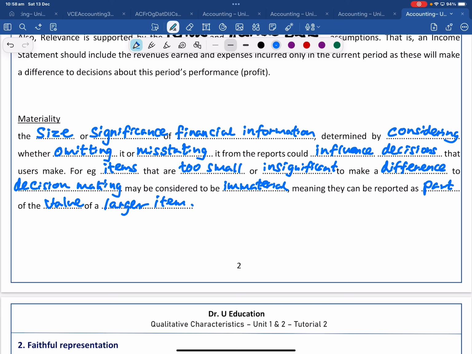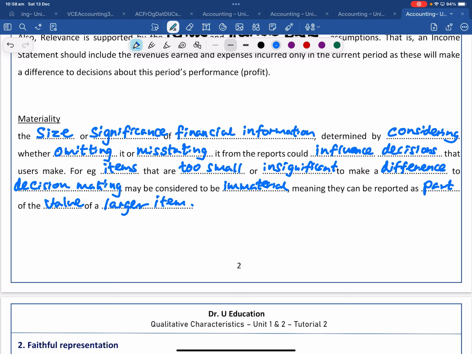Let's say we have recorded a particular item incorrectly, or we have missed it completely. Our mistake is going to influence our users, meaning is it an important thing or not important? Important. That is what we call material.